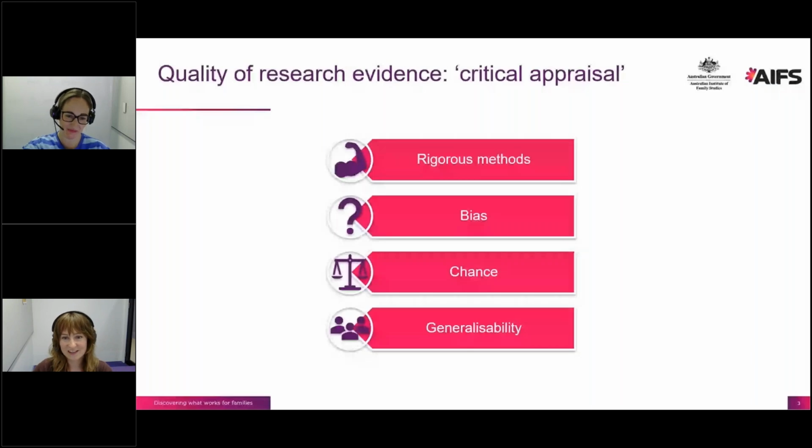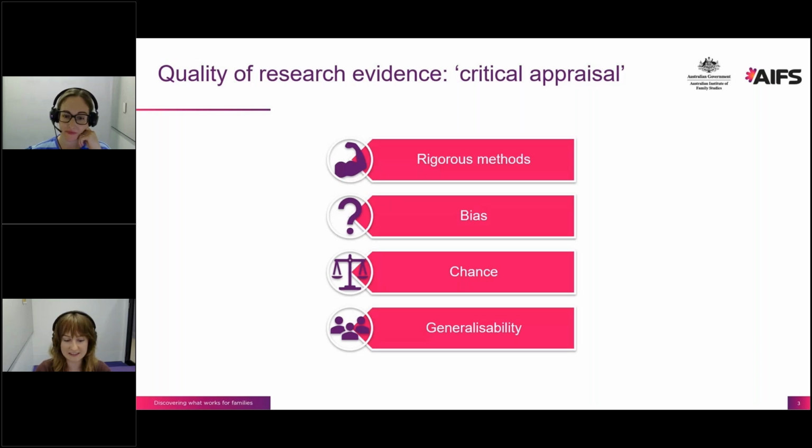So the first one is research methods, and this is looking at how the study was conducted, what steps they took. While you're reading the methods section of a piece of research, you could think about: do these steps make sense? Can the way they're going about this research actually answer the question that the study is asking, or achieve the aim they set out to do?